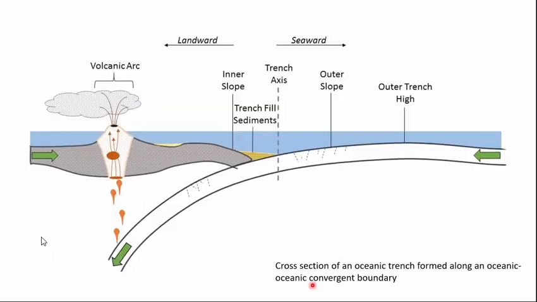Remember, this is our subducting plate. This is our volcanic arc, remember? Back arc basin is going to be at the back. Do you understand? We have the volcanic arc here, so your back arc basin should be somewhere here. So this is what your trench looks like.